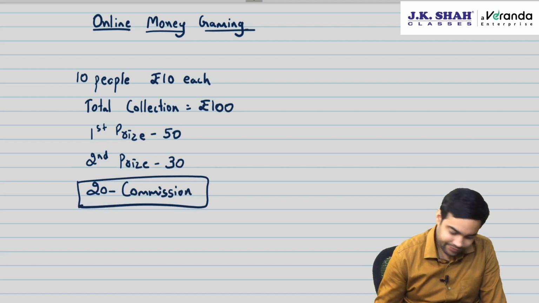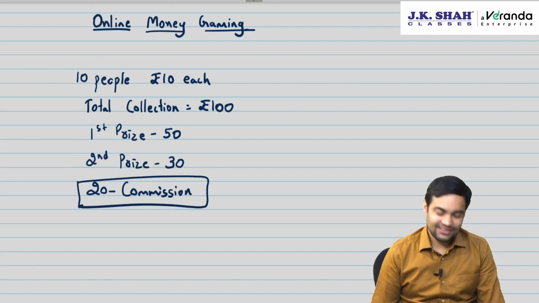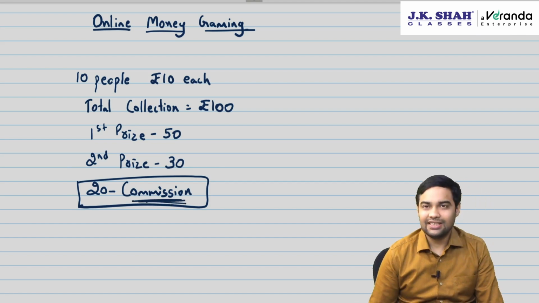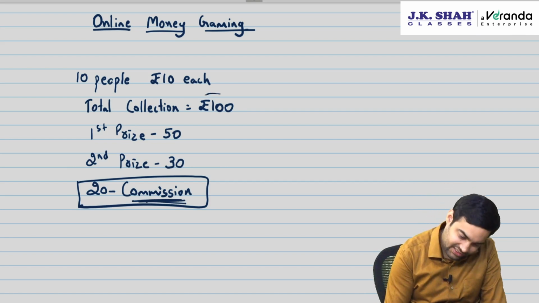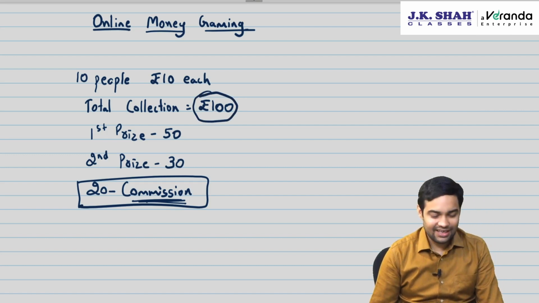Now, GST was being paid on the commission or margin which was being earned by these apps. But government wanted GST on 100. So government started sending notices to these online money gaming industry players saying that, see, you are collecting money, on that entire money I need GST.